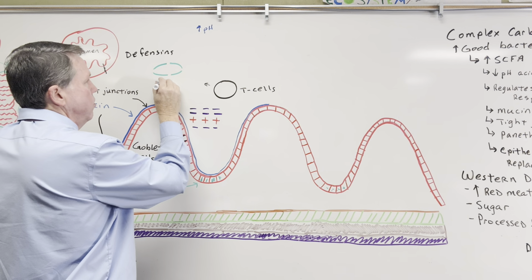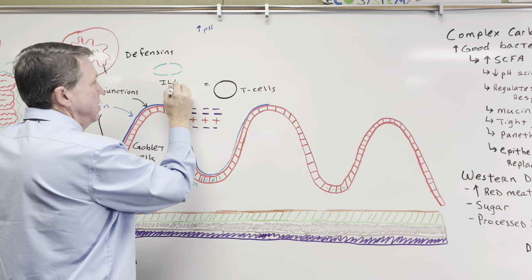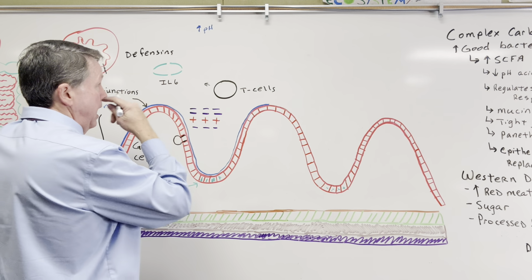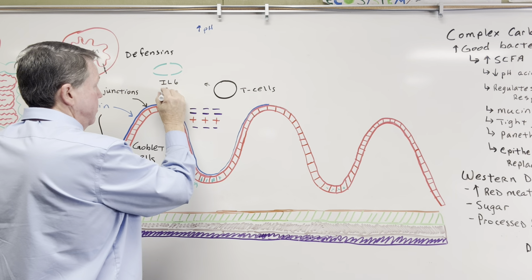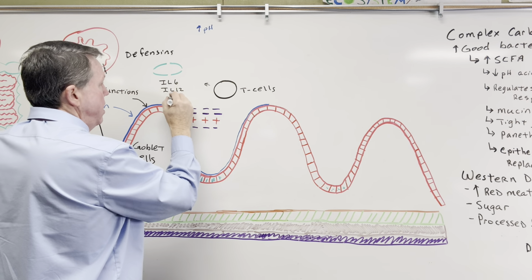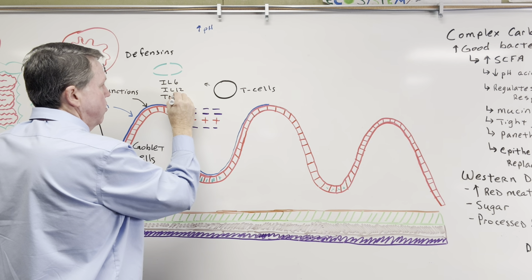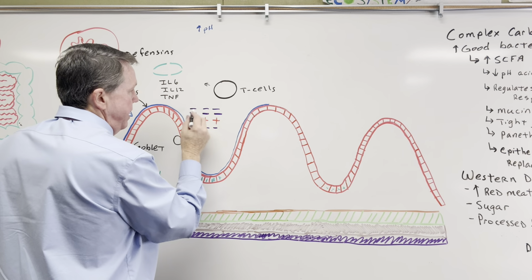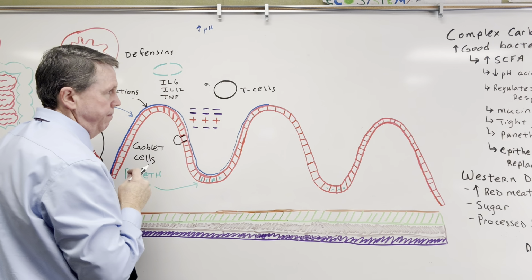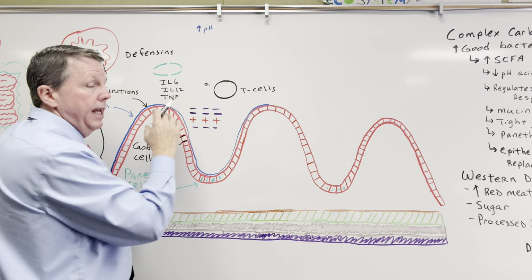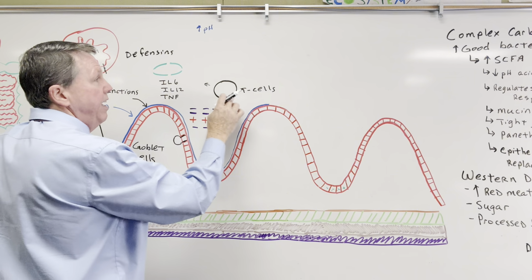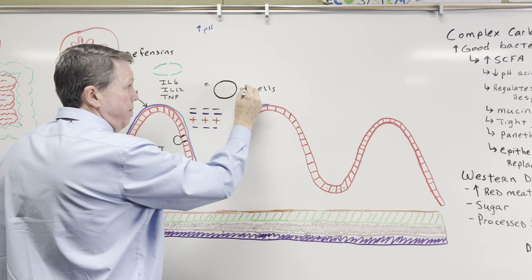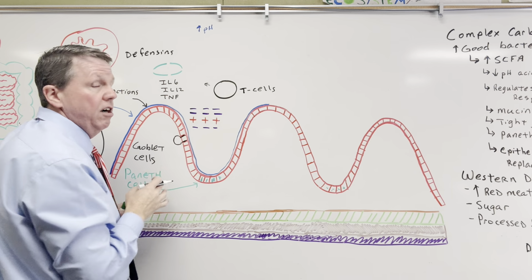The cytokines they're going to release are interleukin 6, which is actually going to activate more macrophages and dendritic cells to come to the area, interleukin 12, and then tumor necrosis factor. And these will go and eliminate the bad bacteria, right? Then when I don't need it anymore, my short chain fatty acids will shut these off. It'll regulate the T cells, macrophages, and dendritic cells, and shut it off after it's done its job.